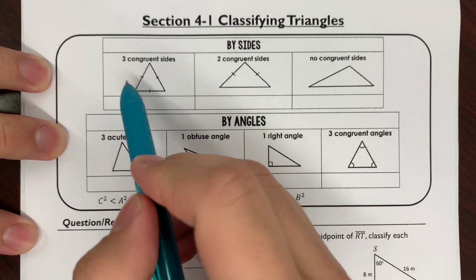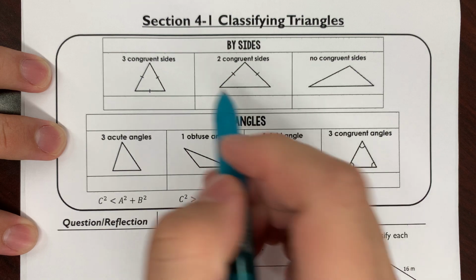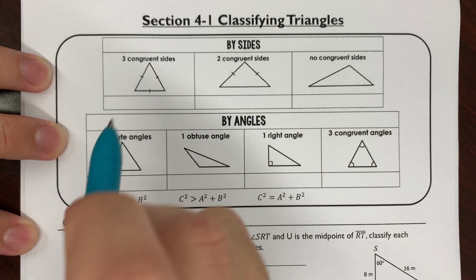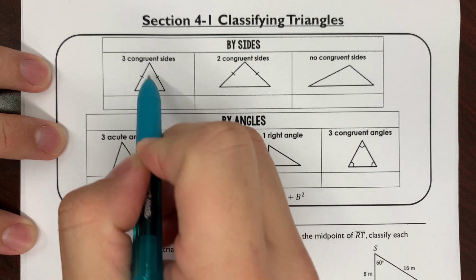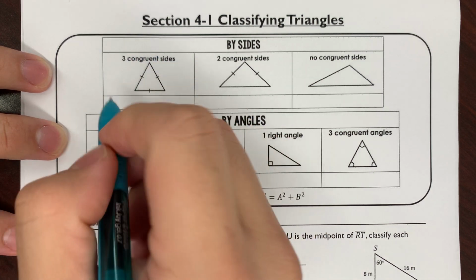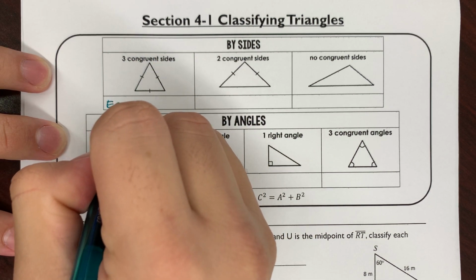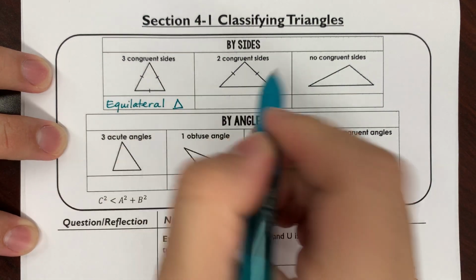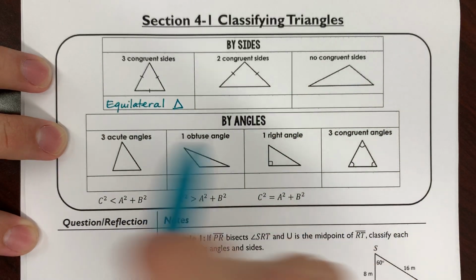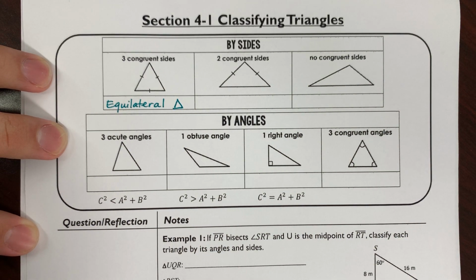If we look at the different sides of the triangles, there are three types of triangles you have to be able to identify from the sides. So first of all, if there are three congruent sides, then that means that we have an equilateral triangle. Equilateral. This is stuff I remember way back in the day from kindergarten. So hopefully most of this is a review, and if not, at least you're learning it now.